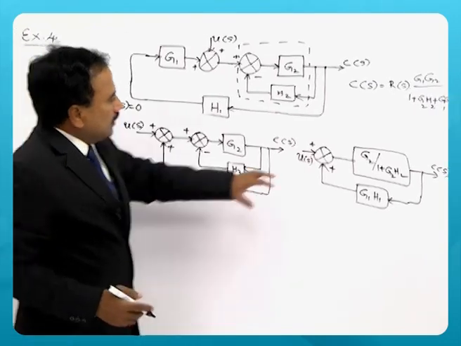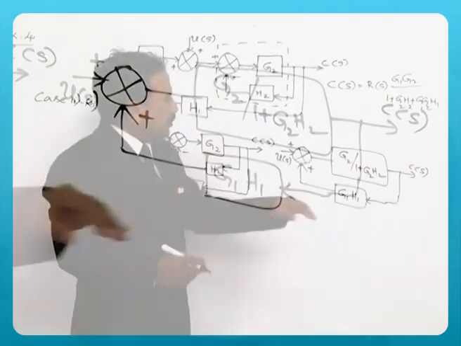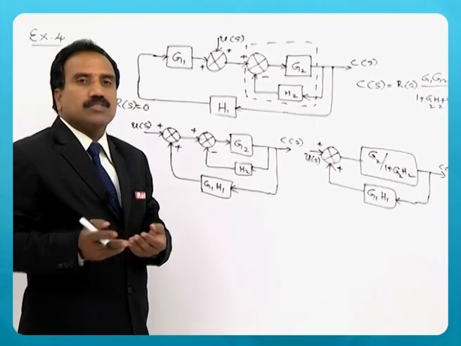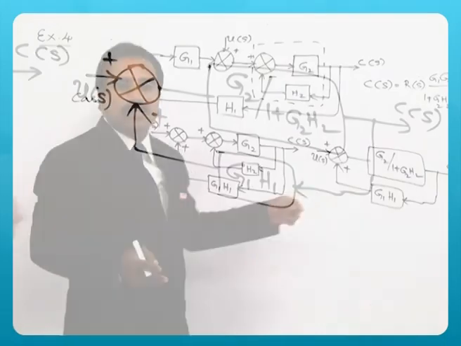Now you can treat this as G and this as H, so G by 1 minus GH, because there is a plus sign here.